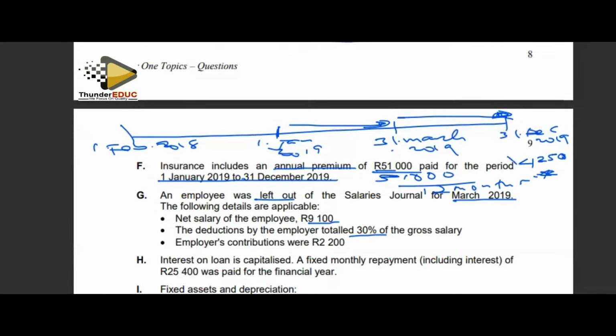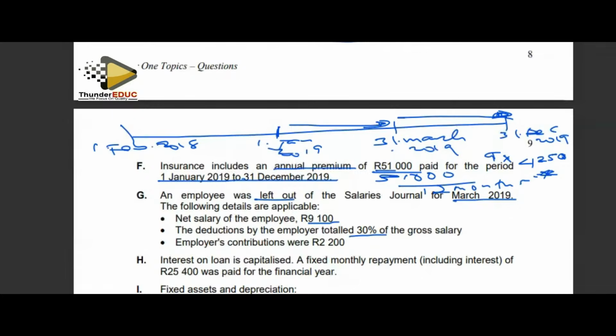So I have to multiply this by 9 months. So this times 9. The reason why I divided it, I wanted to determine how much we pay per month.